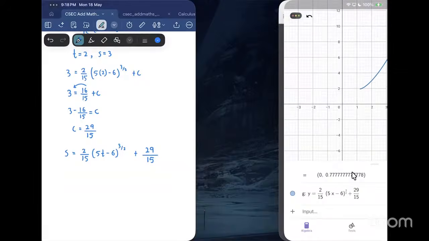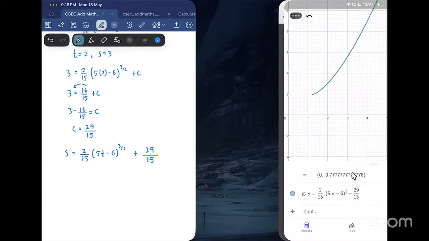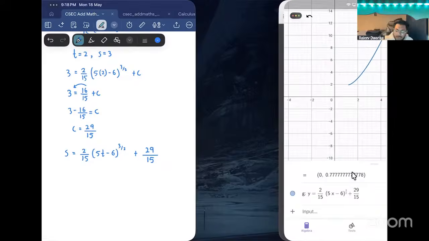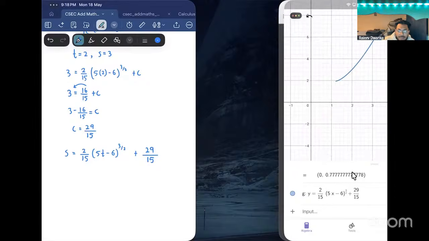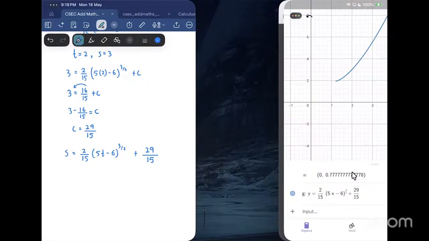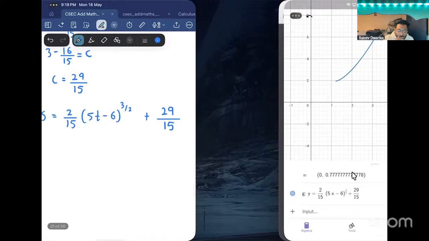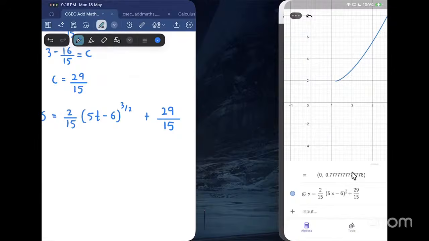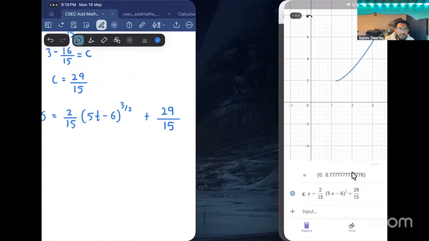So when I graph this out, by the way, you notice it's not a continuous function. When you do higher level maths, you learn about continuous and non-continuous functions and points of discontinuity. The reason for this is because you have the power 3 over 2. Can you find square roots of negative numbers?